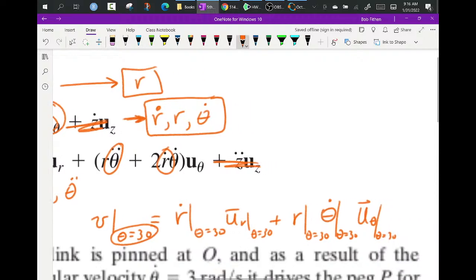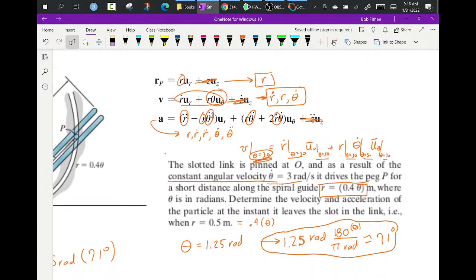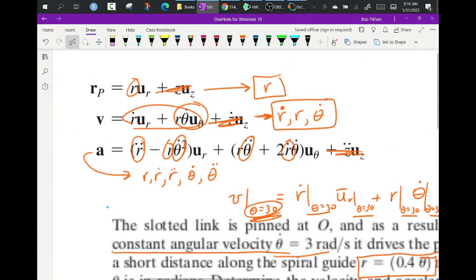So you've got this embedded in each one of these. That's why it's not explicitly there, but it is in there.